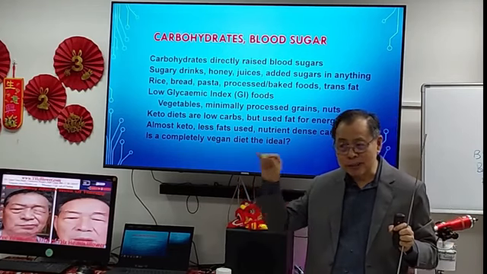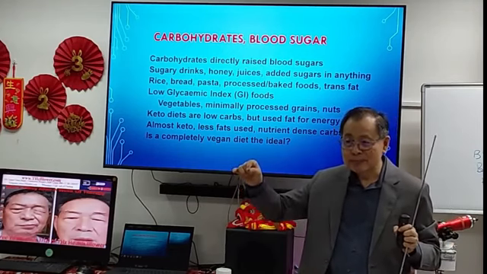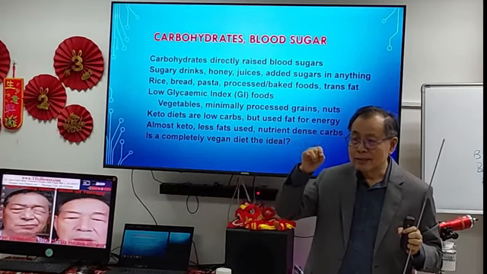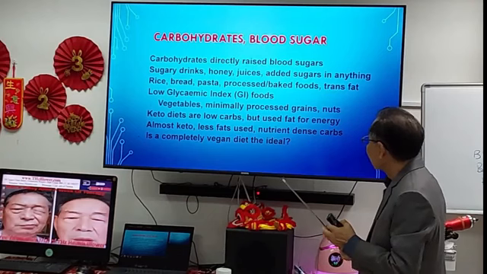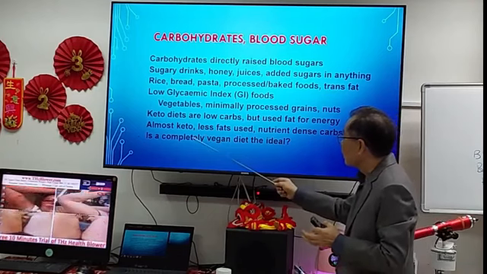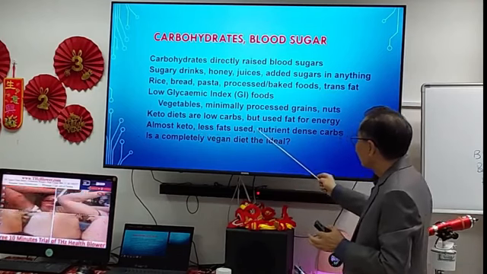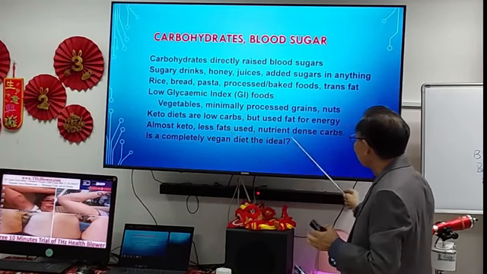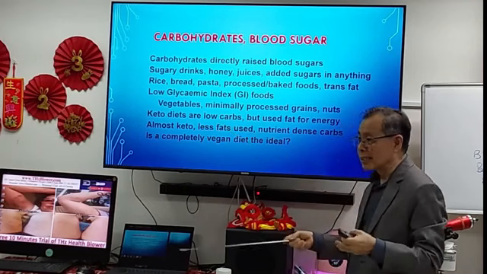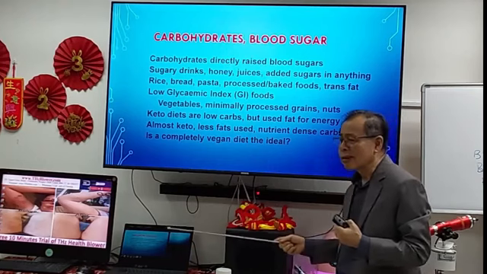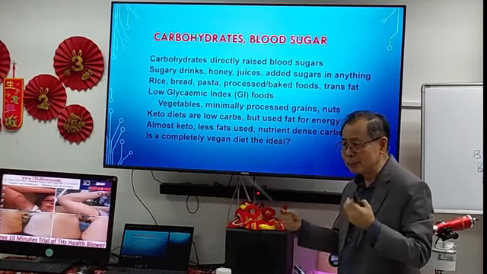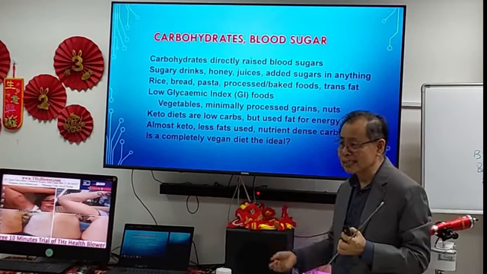They don't take fruits because fruits have a lot of sugar, and focus on fat and protein. So there's an almost keto diet where you use less fat, but you use things like nuts and whole grain. And there are a lot of people who advocate a vegan diet.